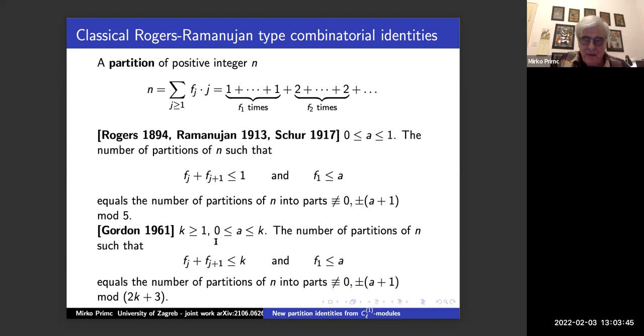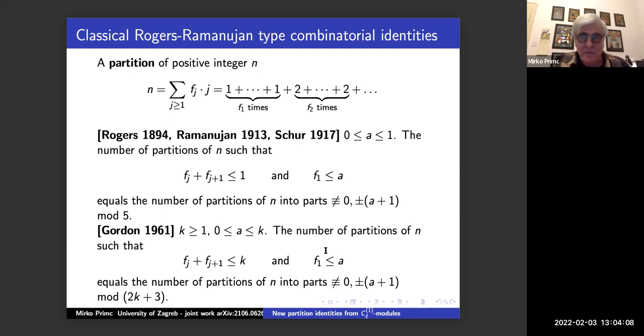But this difference condition is a bit different. So f_j plus f_{j+1} is less or equal to k, meaning that two numbers j and j plus 1 can appear at most k times in one partition. And of course, this is the initial condition.